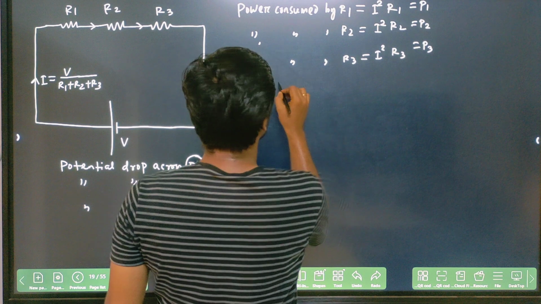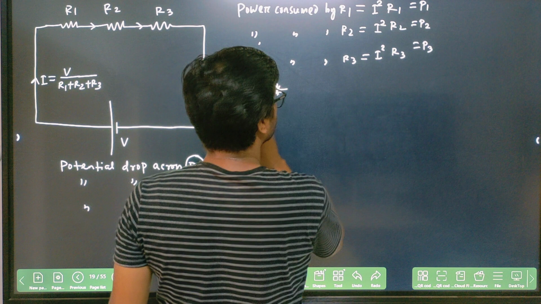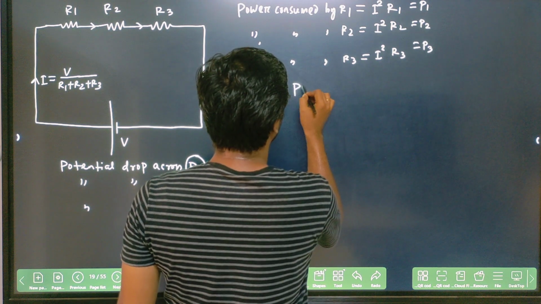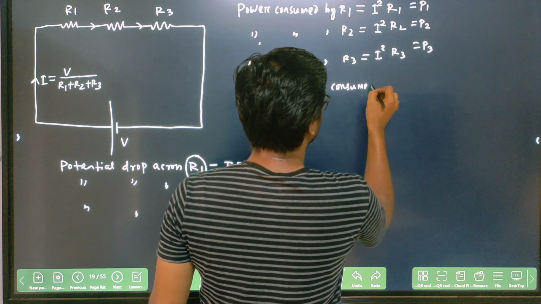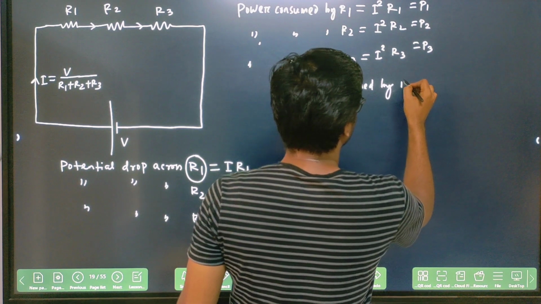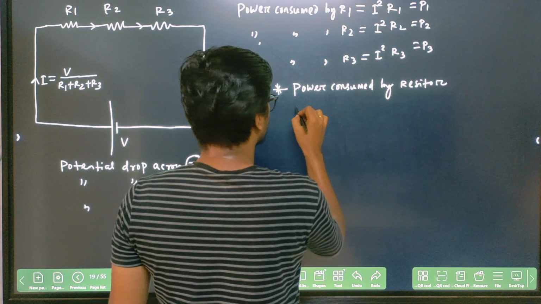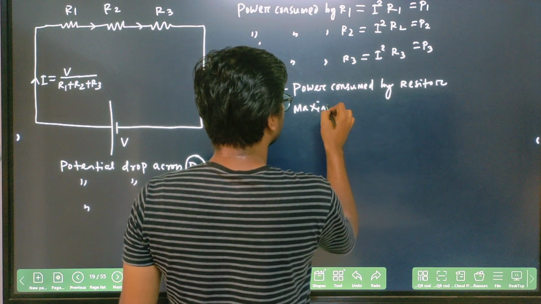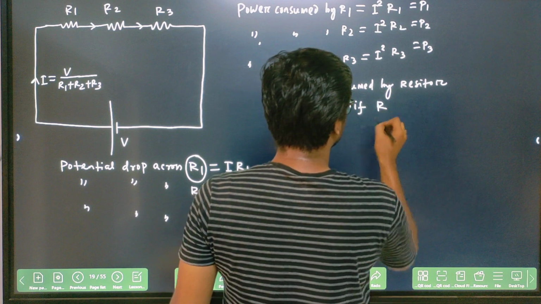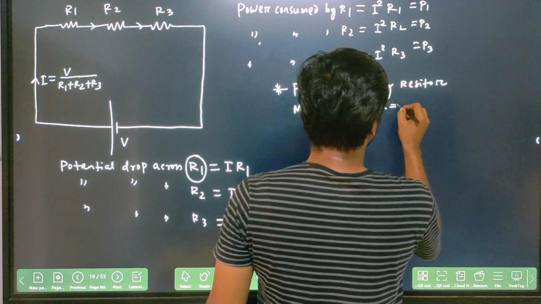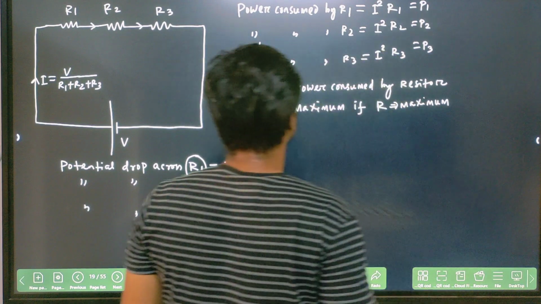So I can state one statement, you have to remember this: power consumed by a resistor will be maximum if the resistance is maximum.